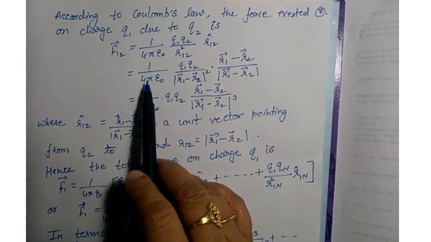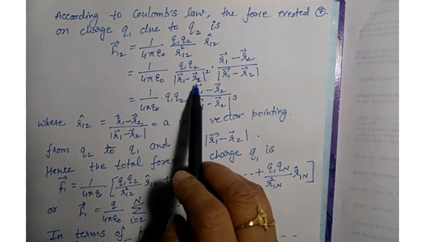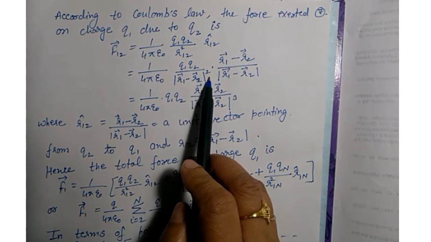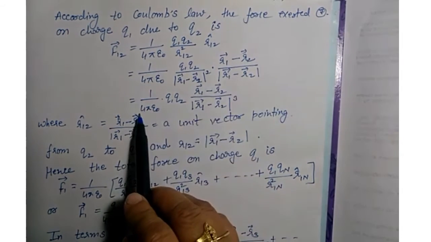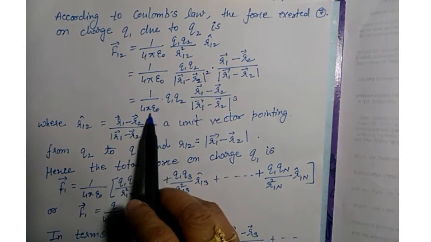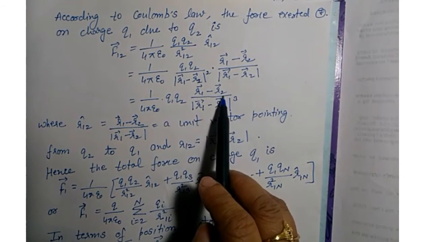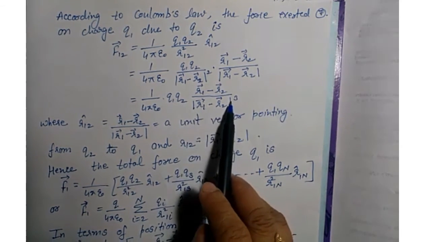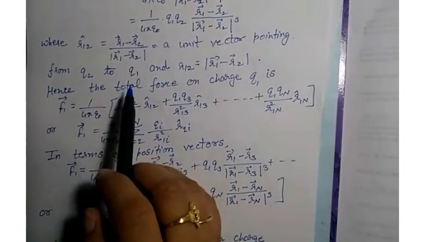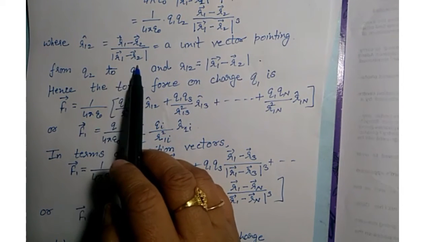In vector notation, it is 1 upon 4 pi epsilon naught Q1 Q2 times vector R1 minus vector R2, that is the resultant, over modulus cubed, and the unit vector is the vector upon the modulus of the vector. So it is given by 1 upon 4 pi epsilon naught Q1 Q2 vector R1 minus vector R2 divided by modulus of R1 minus R2 cubed, where unit vector R12 is equal to vector R1 minus R2 divided by the modulus of vector R1 minus R2.